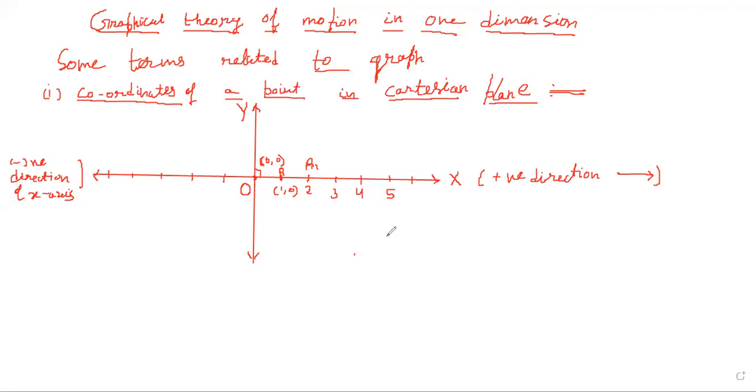I am telling you, along the positive direction of the x-axis and on the x-axis are two different things. In this case, we have moved by 5 units.